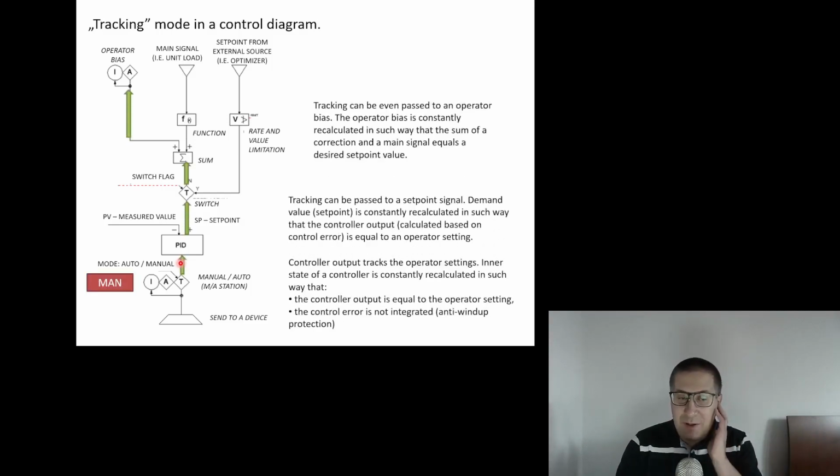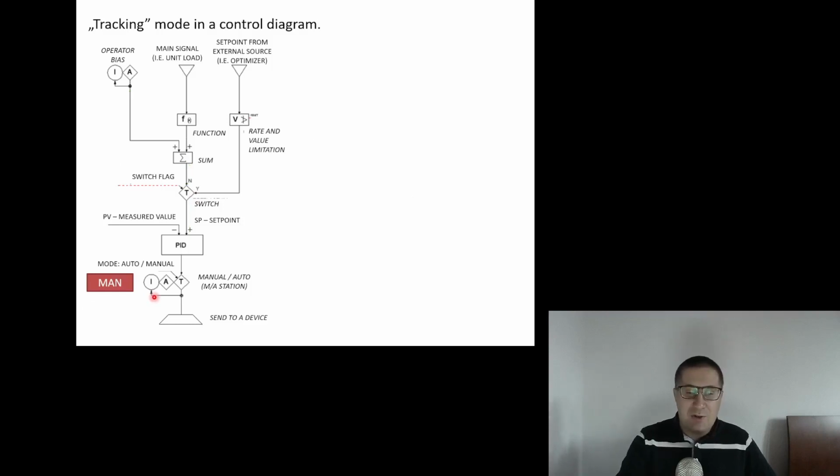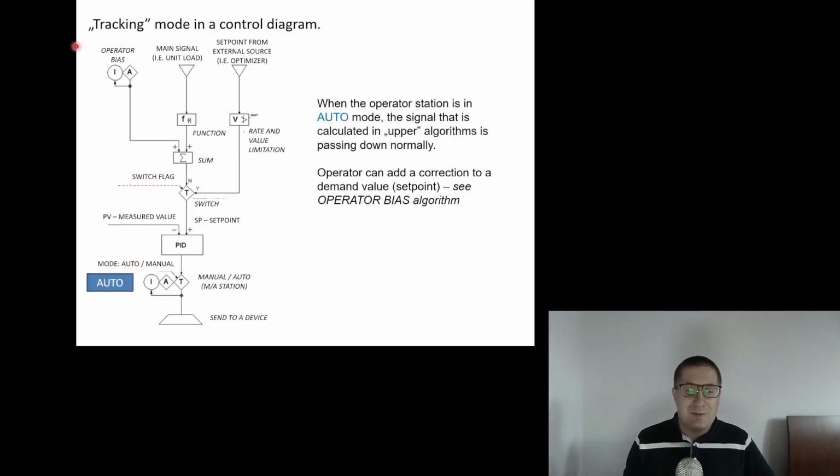And the same refers to the AI algorithm. I will talk about this in the next video. Our AI algorithm should also track the operator decisions, because if the operator says, I switch to auto mode and press the start button, so now, dear AI algorithm, you can supervise particular devices, you have the full control of those devices, we should be able to send the proper value of the set point.